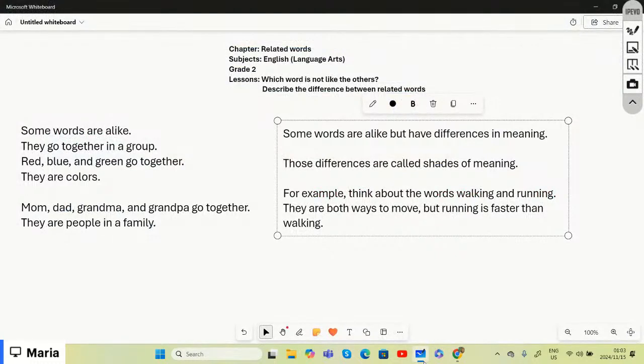So we see that our chapter is related words. Our subject is English language arts. We're doing grade 2.